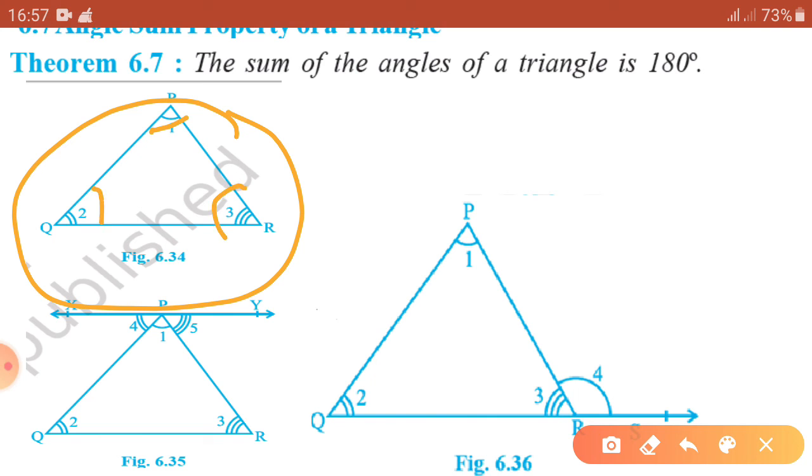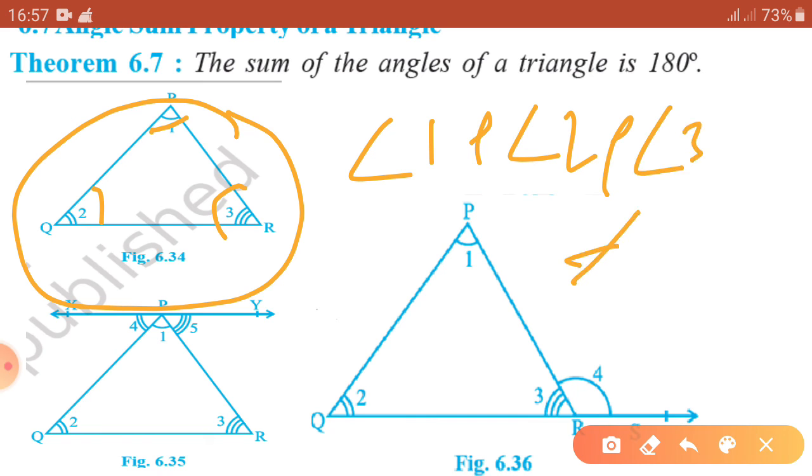Okay, these three angles. Now we have to prove that all these angles in addition make 180 degree. That means we have to prove that angle 1, angle 2 and angle 3 equal to 180 degree.